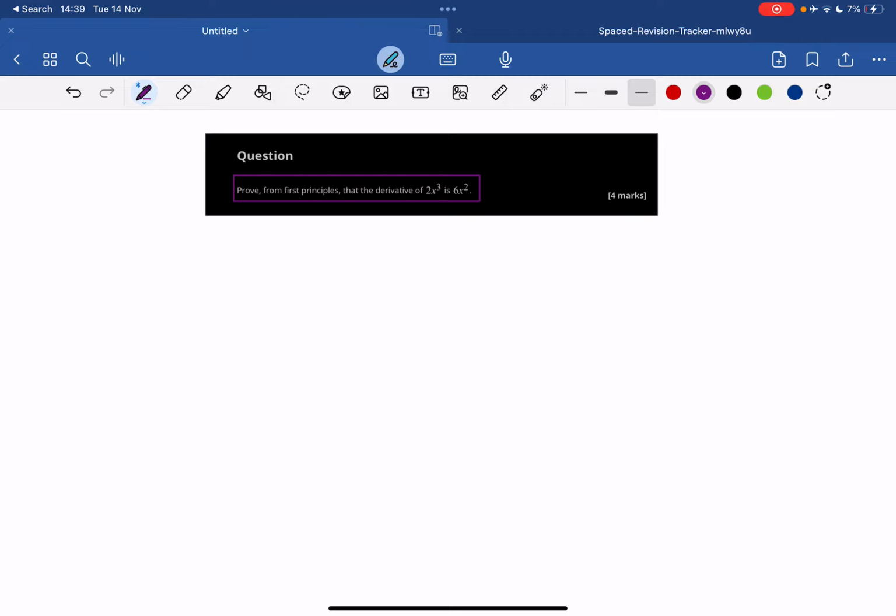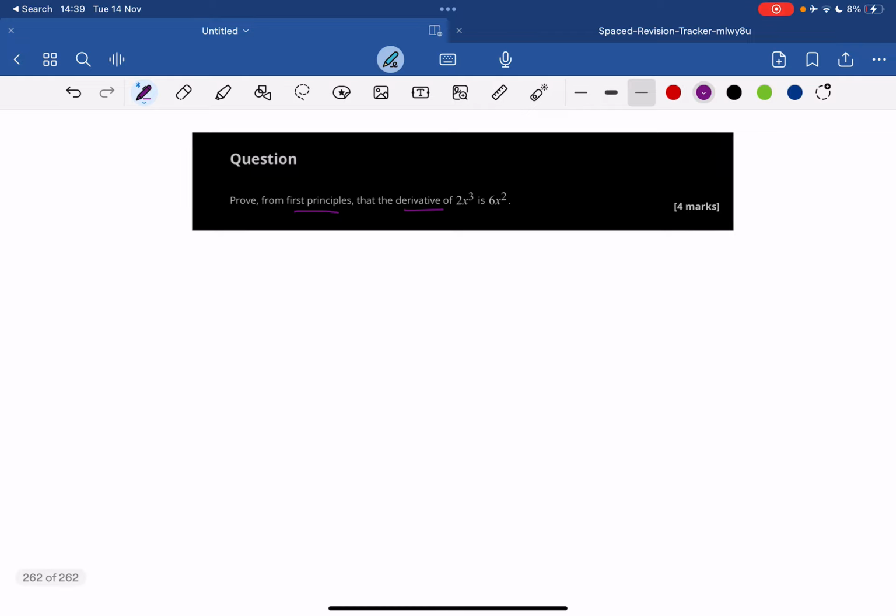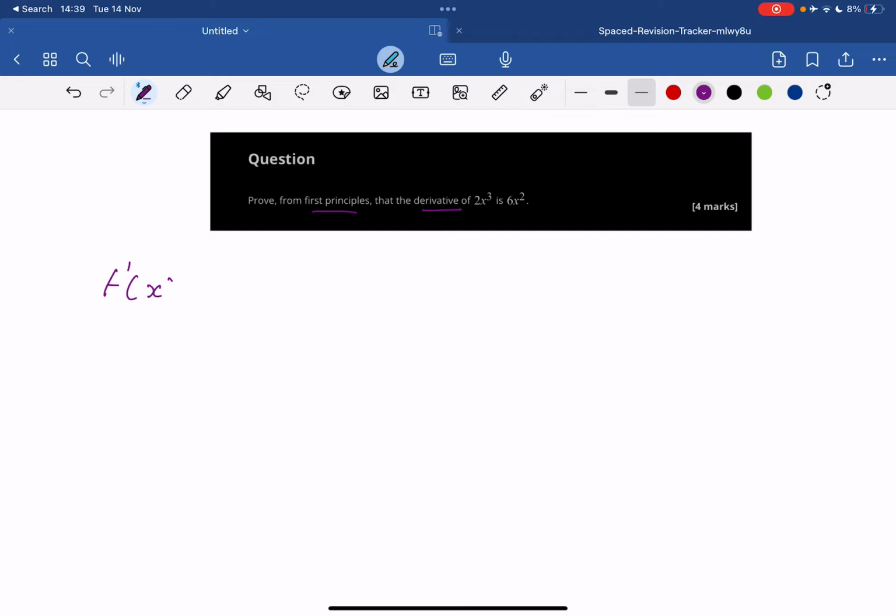By this I mean, as soon as I see the words first principles and derivative, I instantly think of the formula f dash x or f prime x. F prime x means the derivative. It's like dy over dx. It just means the derivative.